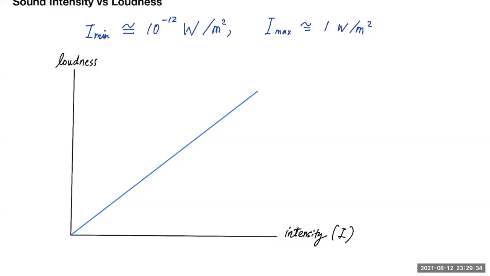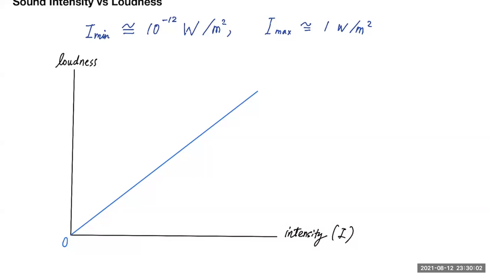When intensity is 0, it doesn't register at all. And when intensity doubles, the loudness also doubles. That is a linear model. But like I said, that's not going to happen, because that would mean that the strongest sound we can tolerate will be 1 trillion times as loud as the weakest sound we can hear. Our ears won't be able to tolerate that.